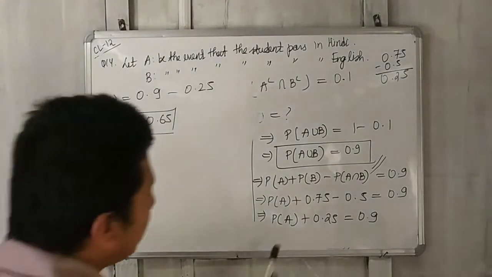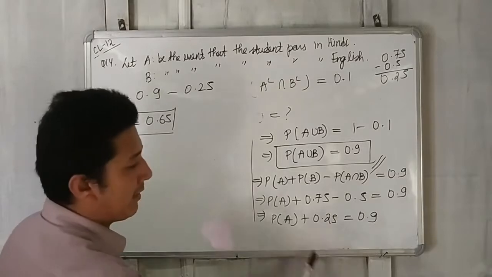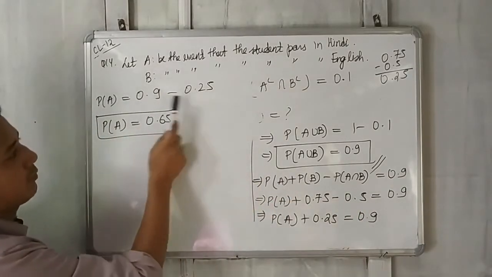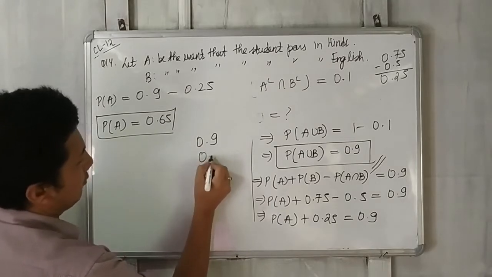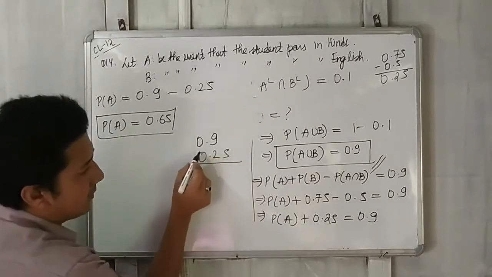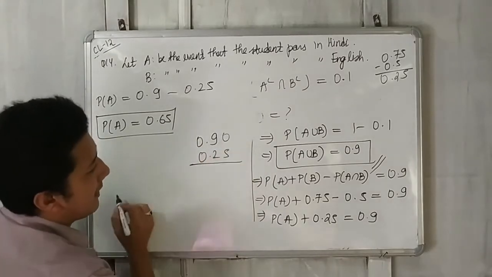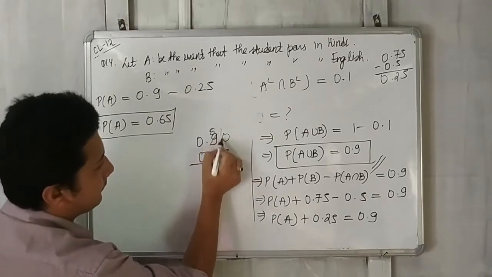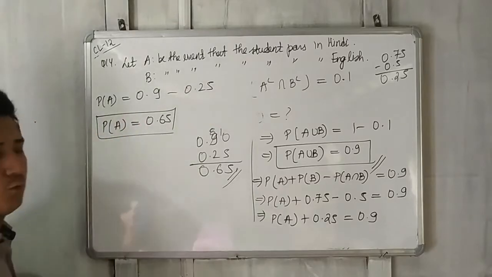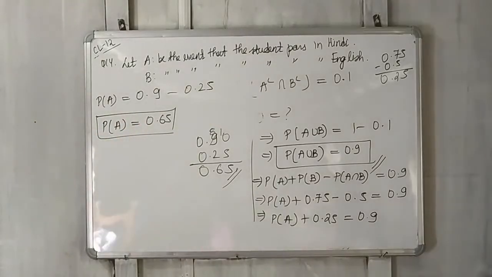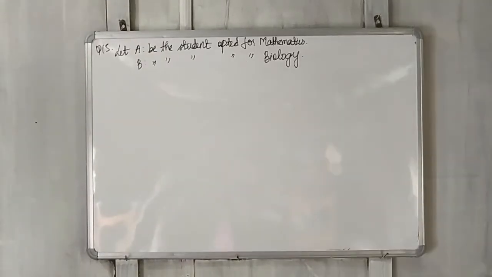Therefore P of A will be 0.9 minus 0.25. Since it is 0.9, you can write 0.90, borrow 1, and 10 minus 5 is 5, then 8 minus 2 is 6, so hence the answer is 0.65. Please pause the video and note it down.